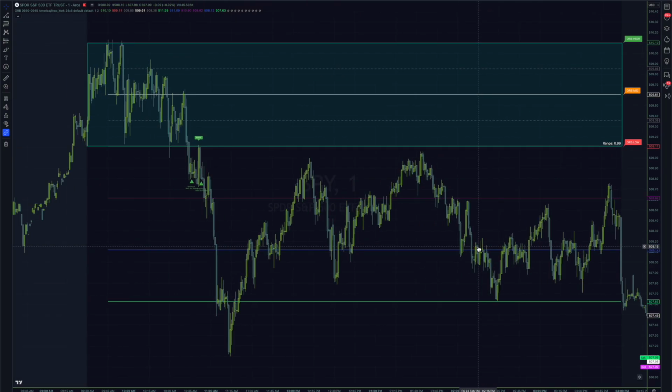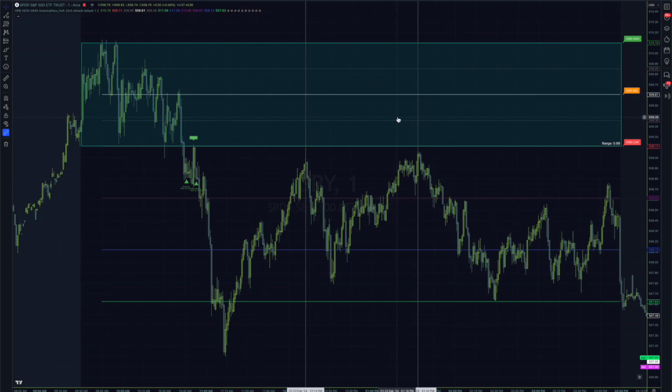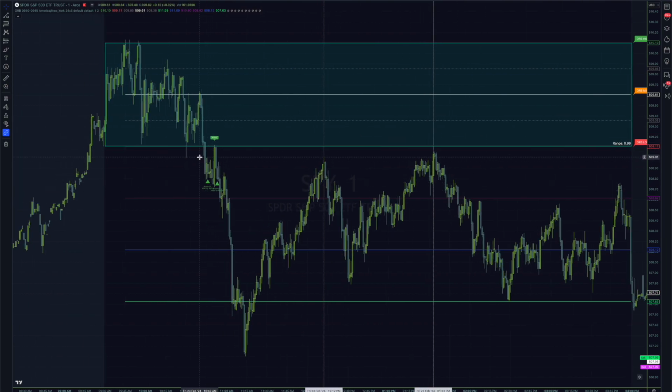So my point is that throughout any given day, if it's a day where we're not just chopping through the ORB range, the ORB itself, you could say, is in effect until the end of the session. So you don't need to rush into it. Let the day marinate a little bit.